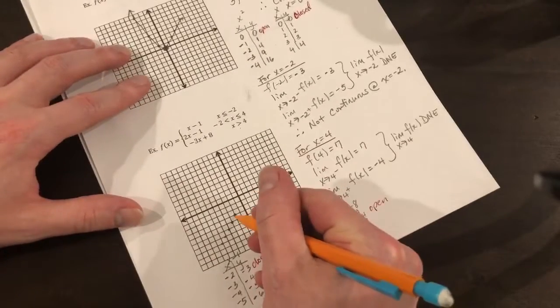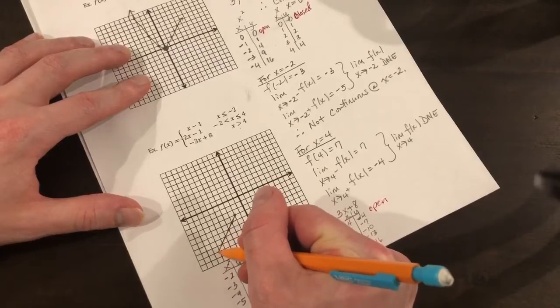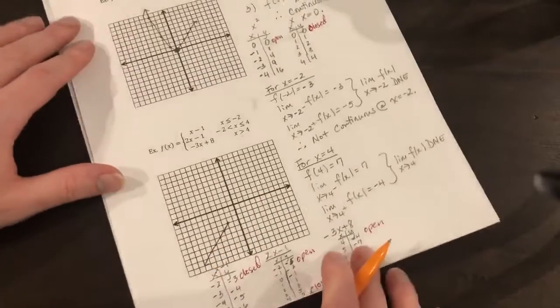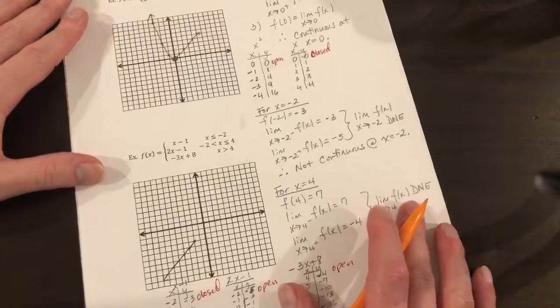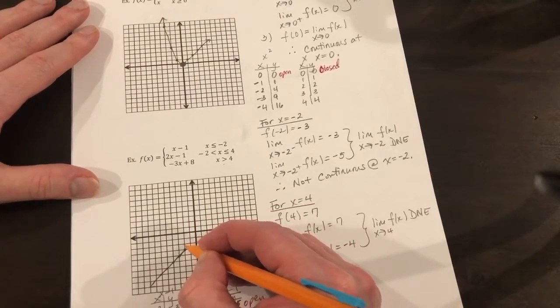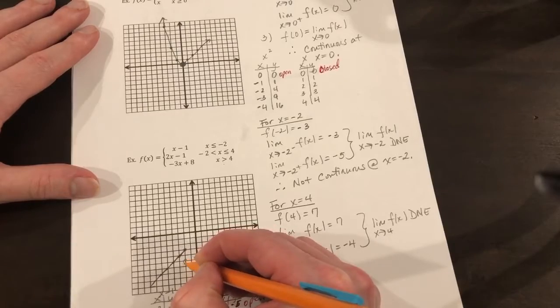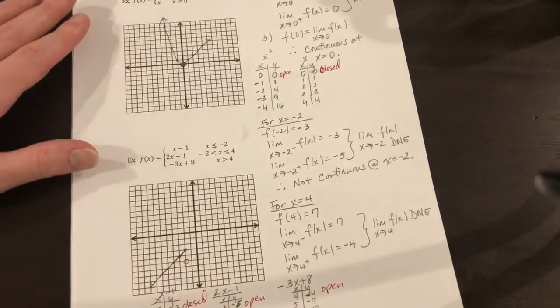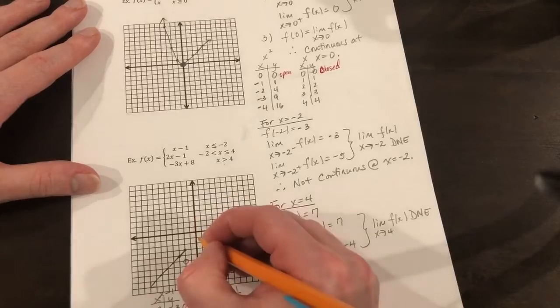Okay, so it looks like this. Okay, 2x minus 1. So we're going to start at negative 2, negative 5. 1, 2, 3, 4, 5. It's going to be open. And it's going to cross.